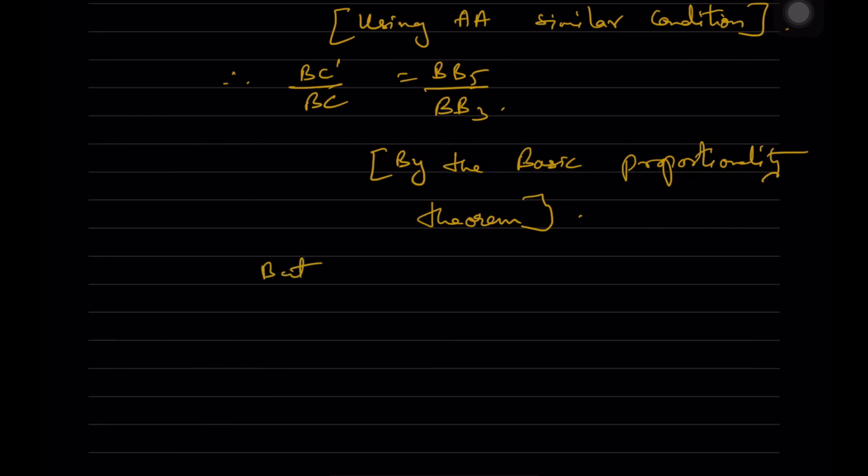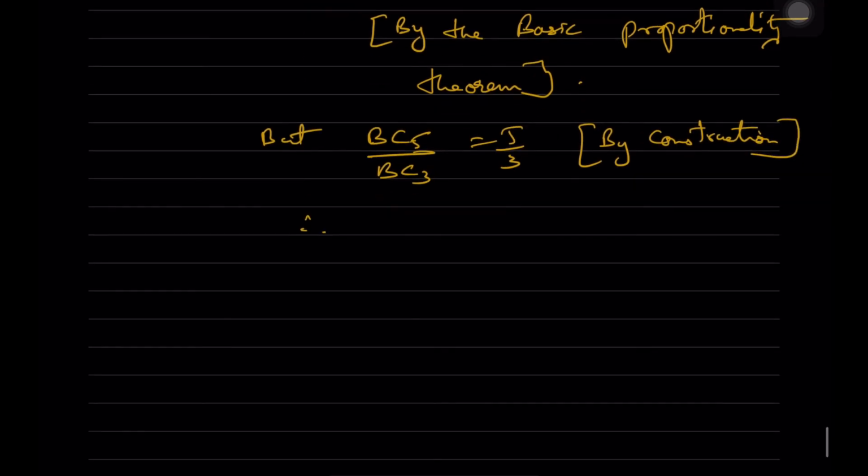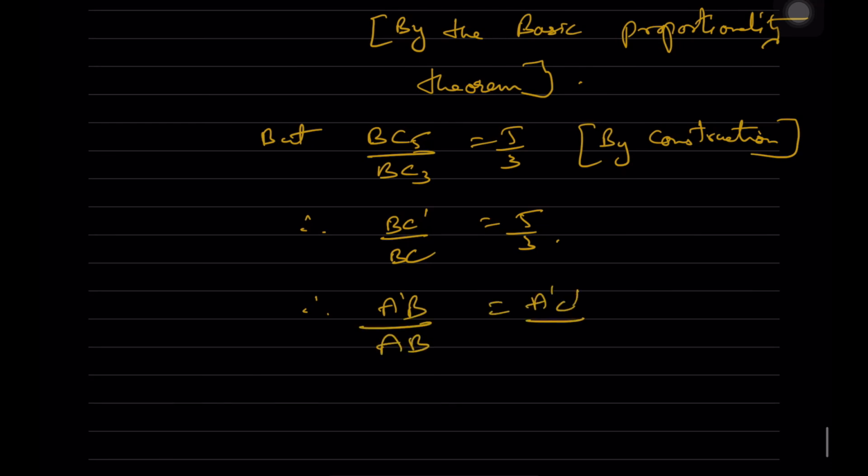But BB5 by BB3 is equal to 5 by 3 by construction. Therefore BC dash by BC is equal to 5 by 3. Therefore A dash B by AB is equal to A dash C dash by AC, which is equal to BC dash by BC, which is equal to 5 by 3.